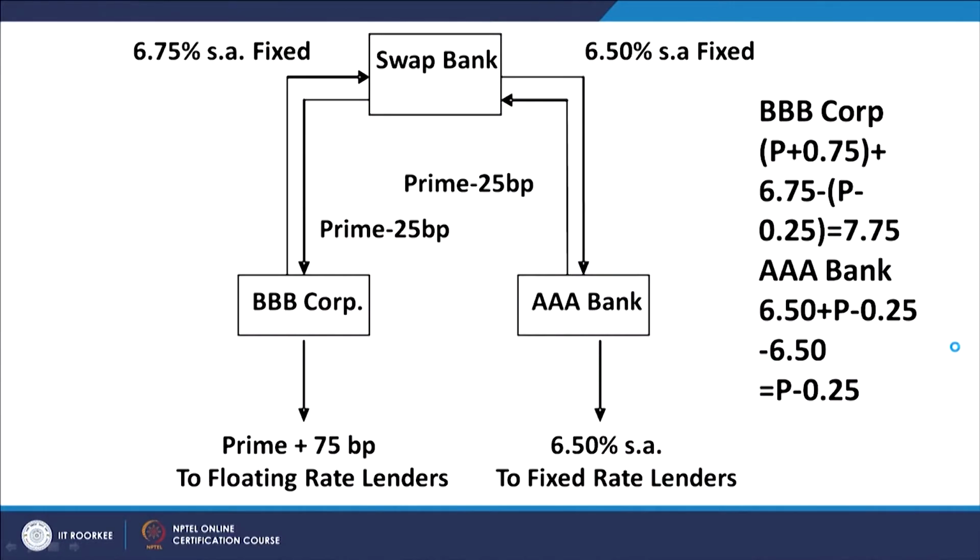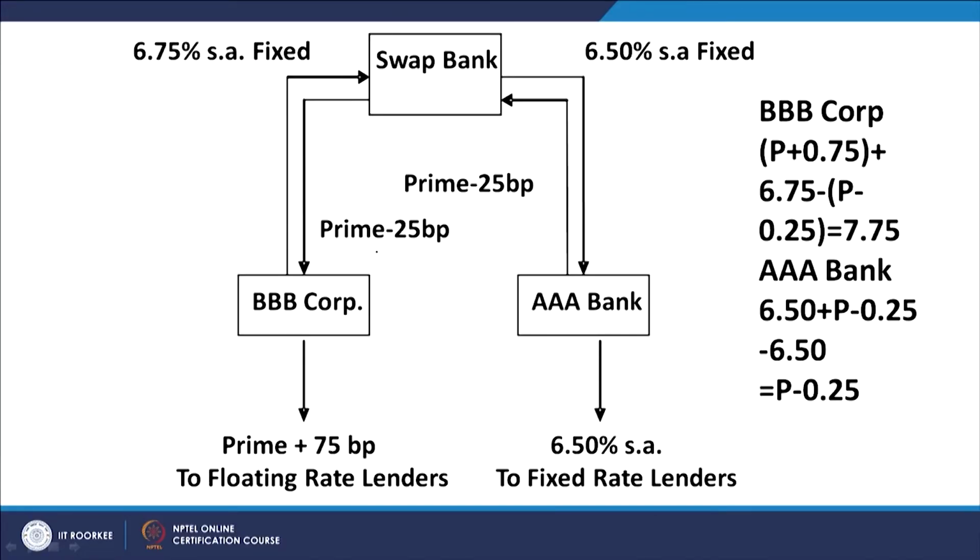It is simply acting as a courier, receiving 6.50% fixed and passing it on to the lenders of the fixed rate funding. So, this does not affect its status. It is making a payment of prime minus 0.25% to the swap bank, which is transferred unaltered to BBB corporation.